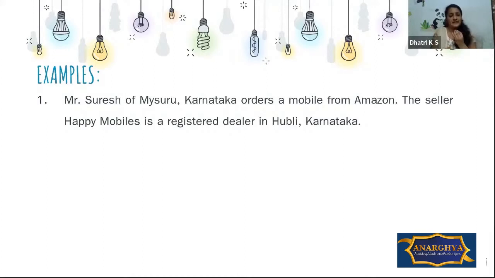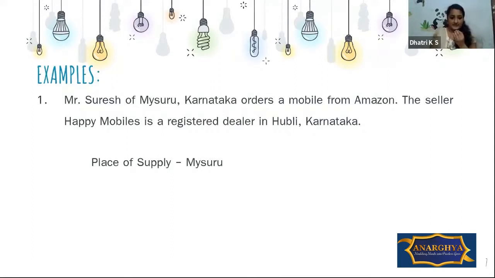So the place where the goods are delivered will be considered the place of supply. Here Mr. Suresh is in Mysuru, Karnataka. Hence place of supply will be Mysuru. And it is important to note that Happy Mobiles is a registered dealer in Hubli, Karnataka. Since both of the places are in Karnataka, it is an intra-state transaction and CGST and SGST will be levied.